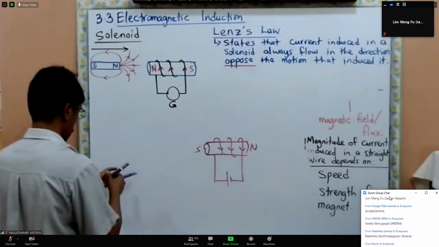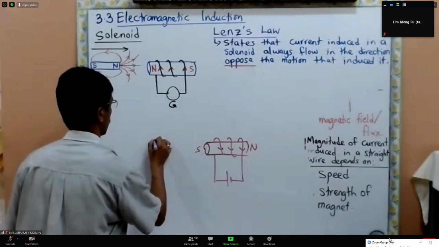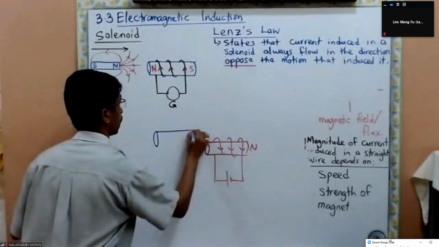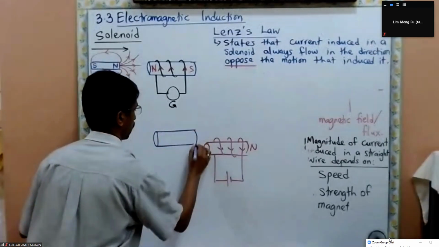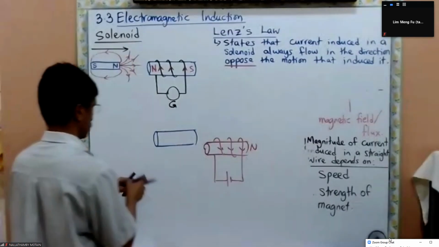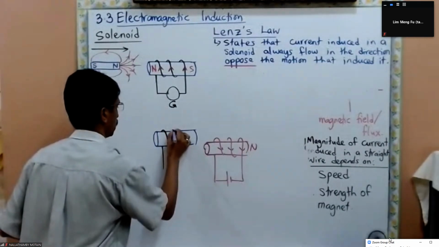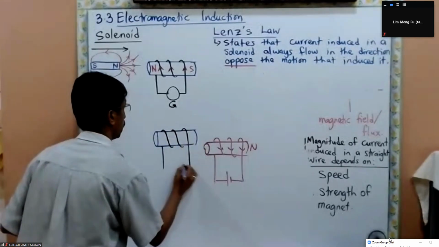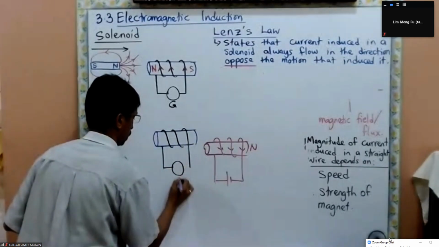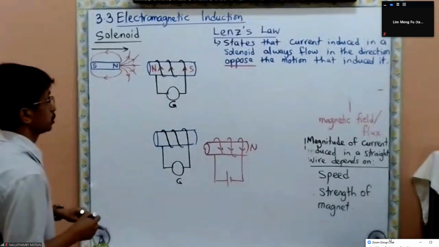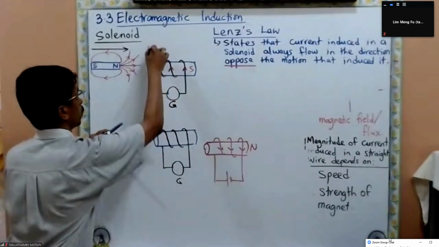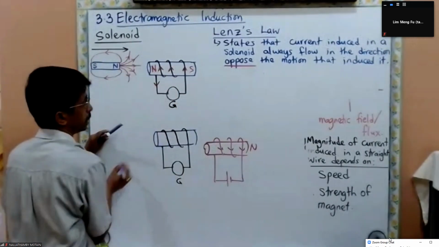Okay, now the next one. When the current is flowing upward, goes upward and then comes to here downward.